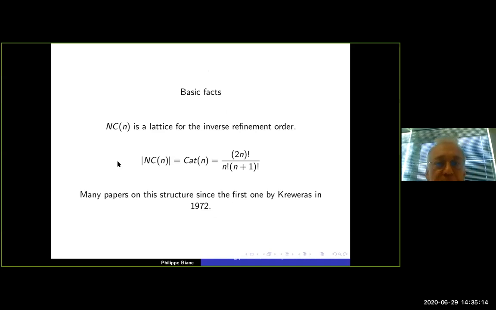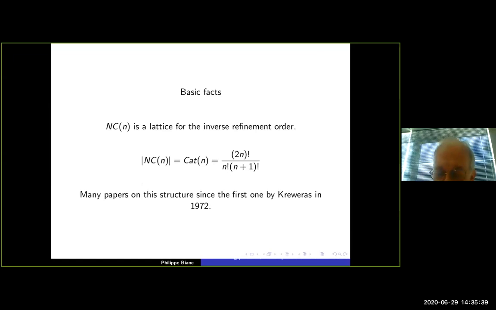Some basic facts now. Non-crossing partitions form a lattice for the order which is the inverse of the refinement order. And the number of non-crossing partitions is well known to be the Catalan number, which is one of the most famous numbers in combinatorics. There have been many, many papers on these structures, the first one, I think, being the one by Kreweras in 1972.